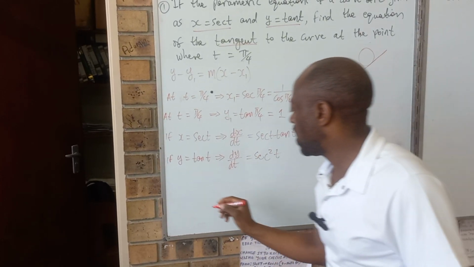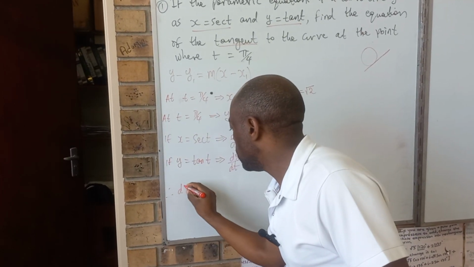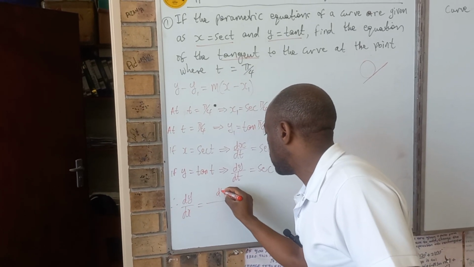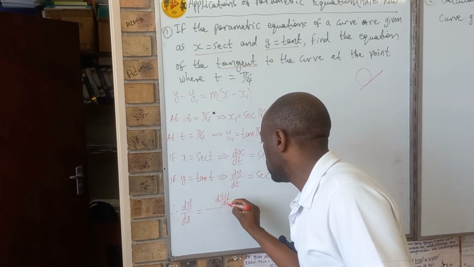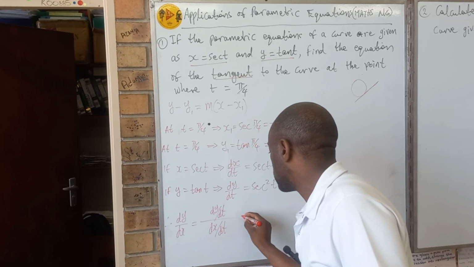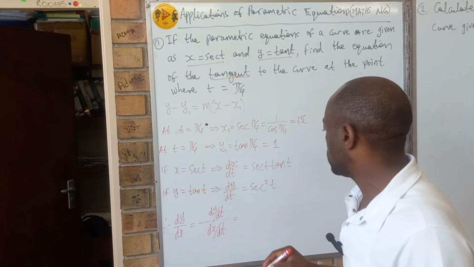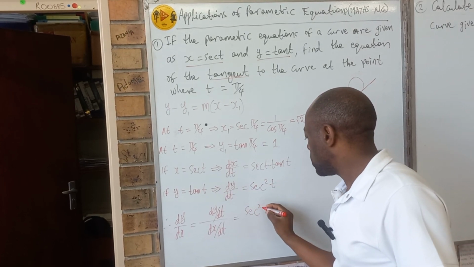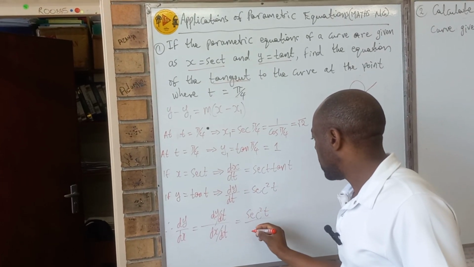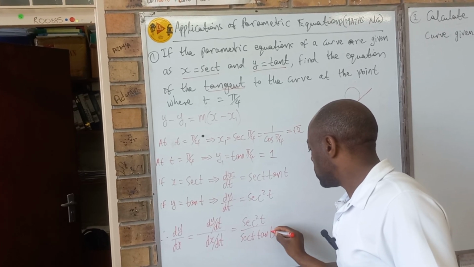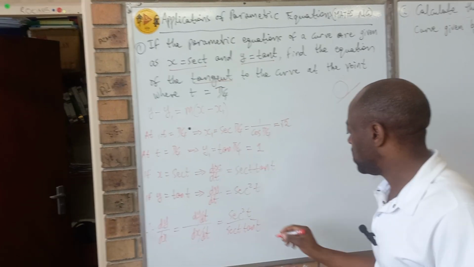If you now combine this, you will get your dy over dx, which is the derivative of y with respect to t, divided by the derivative of x with respect to t. That's how we get the first derivative from parametrics. So dy over dx is sec squared t divided by sec t tan t.